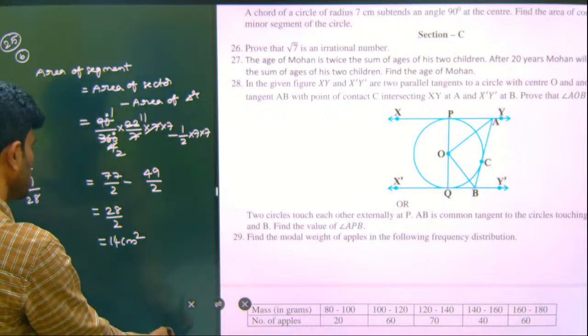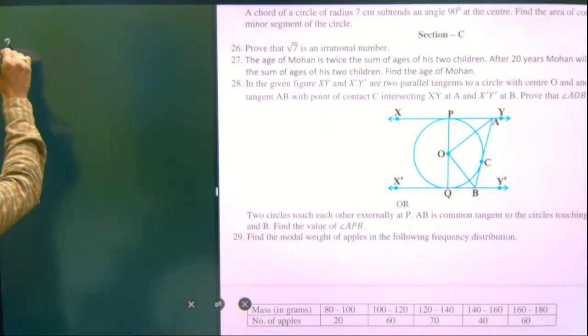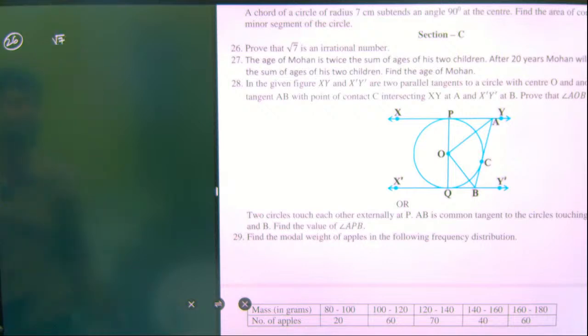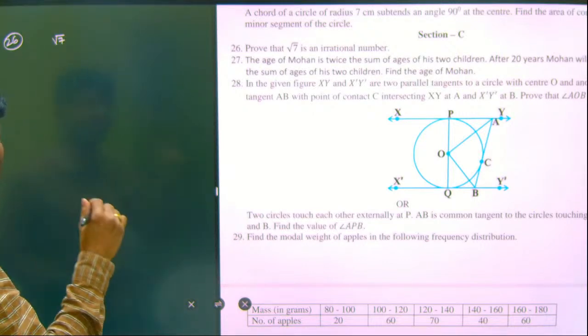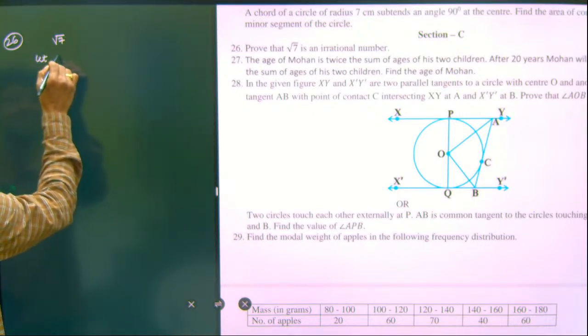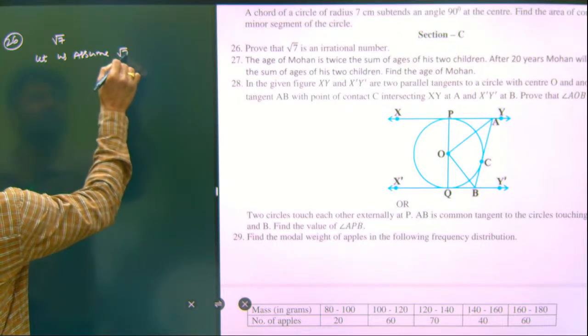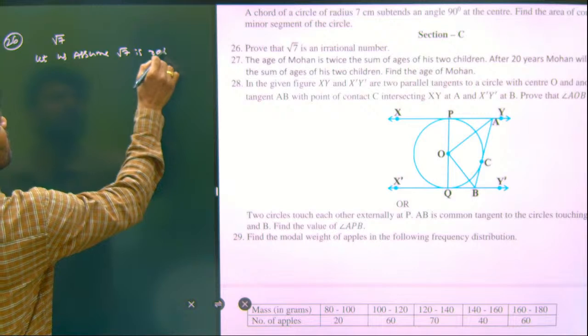Question number 26, hope all of you know. You have to prove root 7 is irrational. Then what do we do? We assume root 7 is a rational number. Let us assume root 7 is rational.